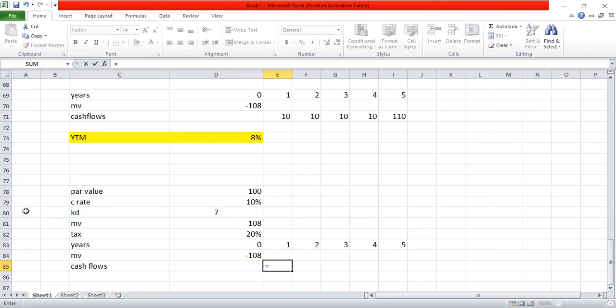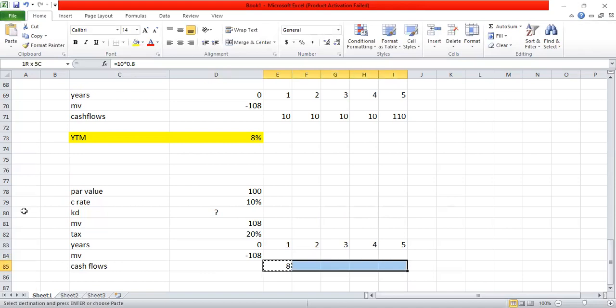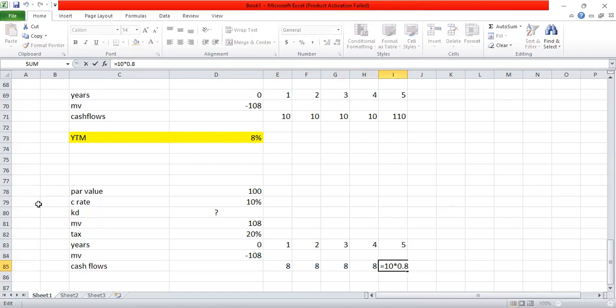Now see, previously we were getting 10, but now it will be 10 multiplied by 0.8 because we are after taxes. Just copy, paste. But in the last year, you are also having 100 redemption.